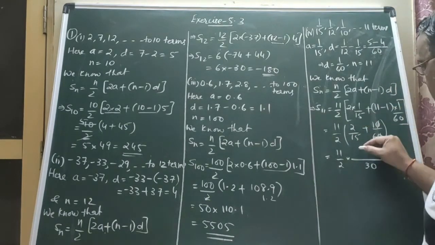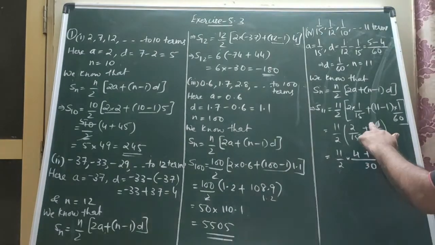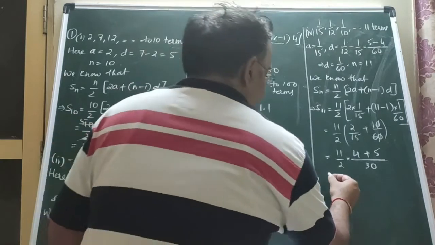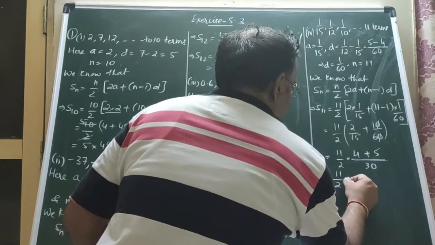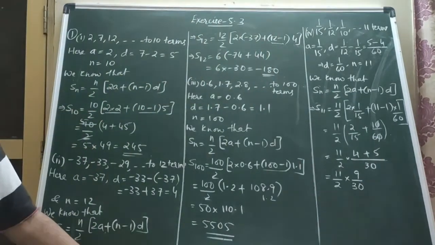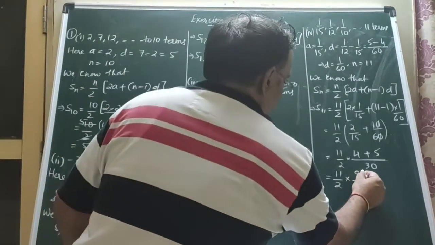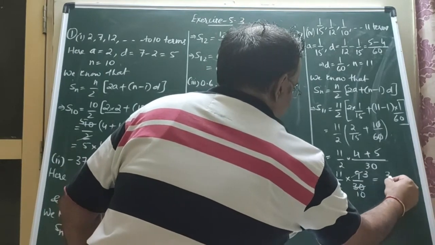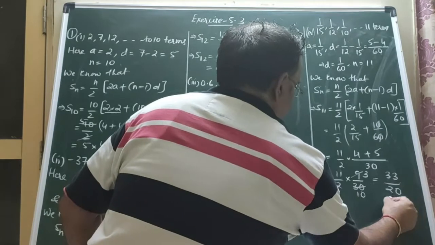So here 4 will come and here 5, right. So we have come to the last steps. So we'll get 9 upon 30. 9 and 30 further we can divide by 3. So 3 3s are 9, 3 10s are 30. So the final answer is 33 by 20.